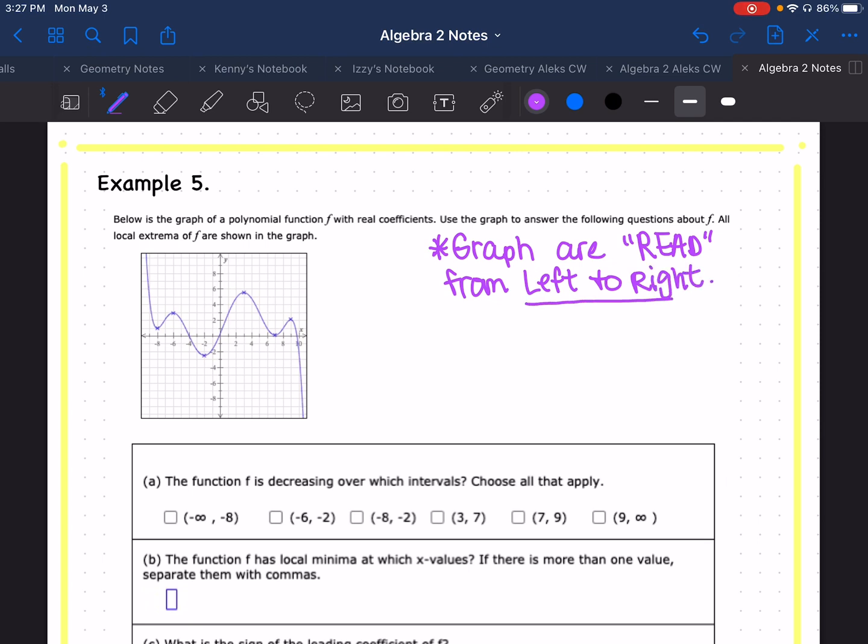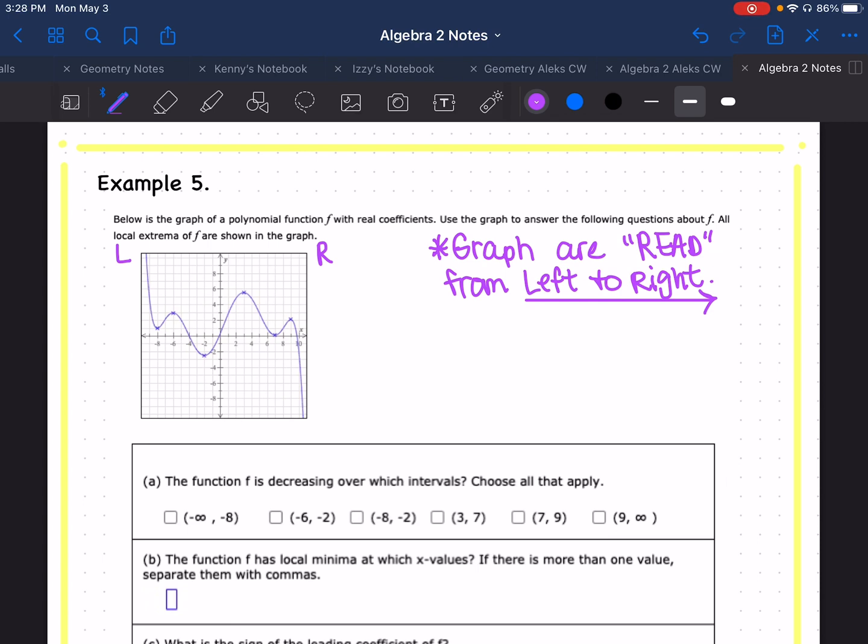So I always read from left to right, even when I'm reading a graph. Here is my left, here is my right. I'm going to go ahead and read it for increasing and decreasing because they're going to ask that question. They're going to ask questions about what the leading coefficient is.